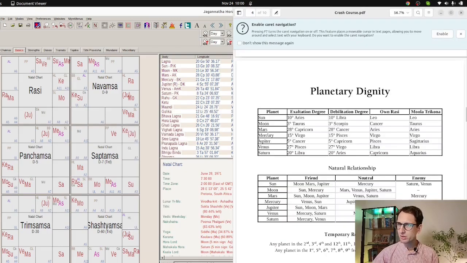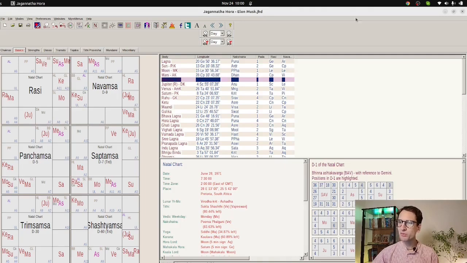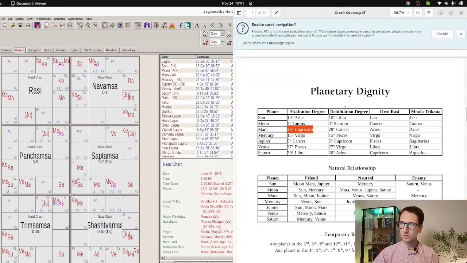And according to this table, Mars is exalted at 28 degrees Capricorn. And look at that, beautiful. It's really full, deep exaltation. So that makes his personality so capable also. Right. So his Mars is really in full deep exaltation.